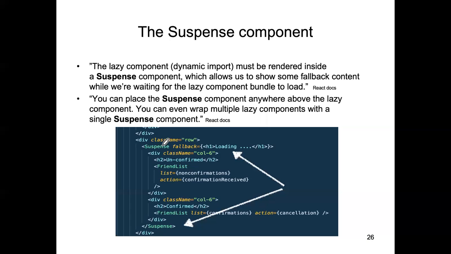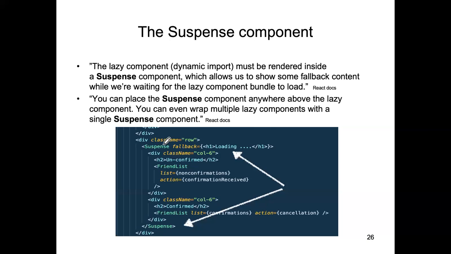And what the Suspense component does is it provides a fallback piece of JSX that it gets the browser to render while it's waiting for the bundle associated with this to arrive back in the browser.